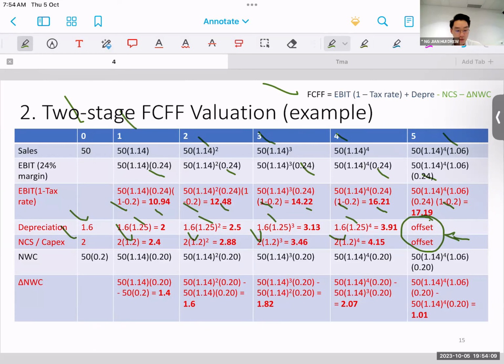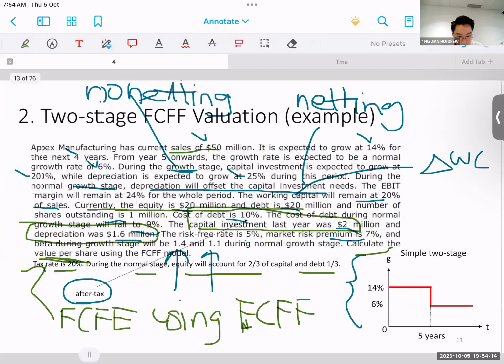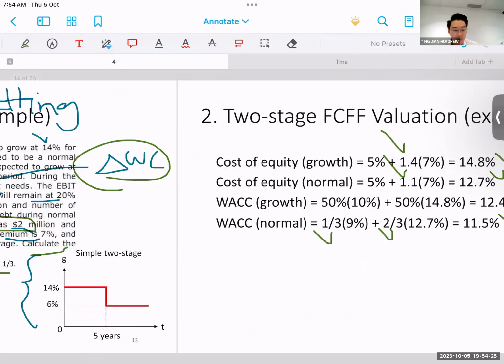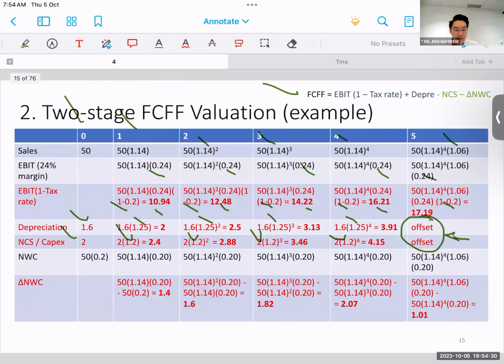What else? Let's flip back. We know that the working capital remains at 20% of sales, right? We have already highlighted that here. And we want the change. So let's calculate what the working capital is first. We know the sales is given here.